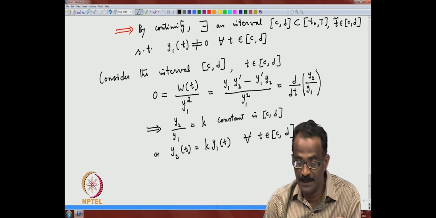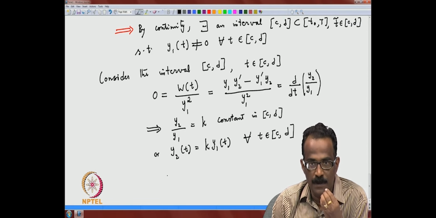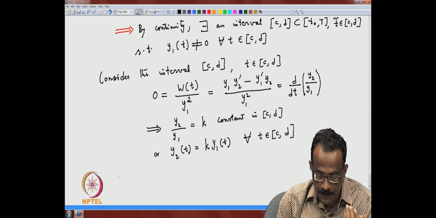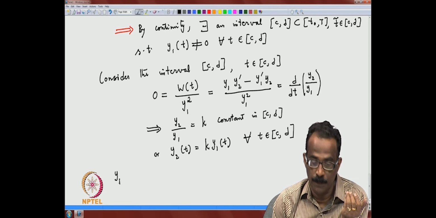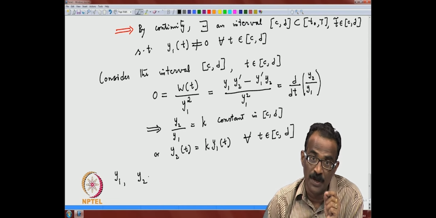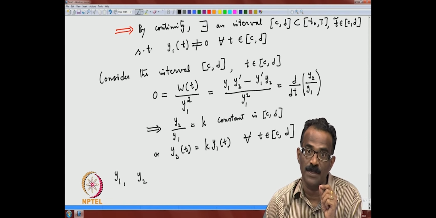Now, this is where you have to cleverly use that the initial value problem has a unique solution. y1 is a solution to the homogeneous problem, and y2 is a solution to your homogeneous problem. Whenever you have a solution to your homogeneous problem, any multiple of that is also a solution.